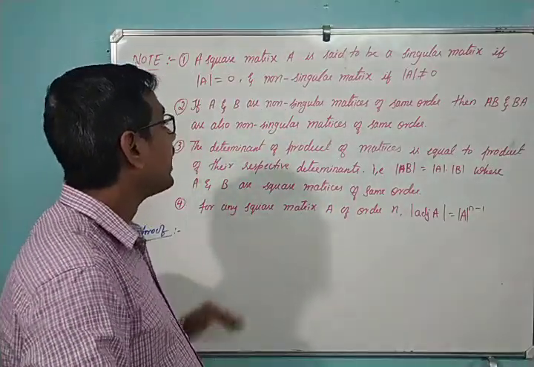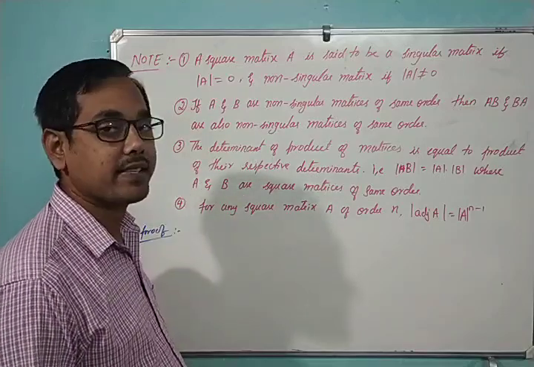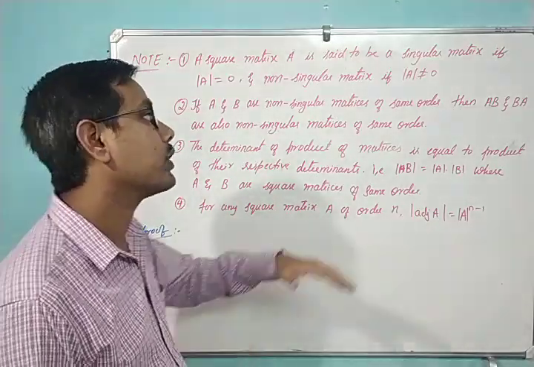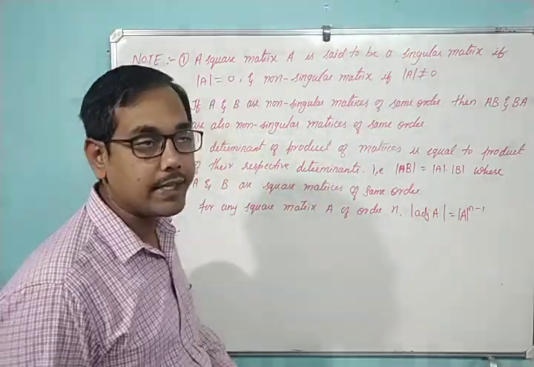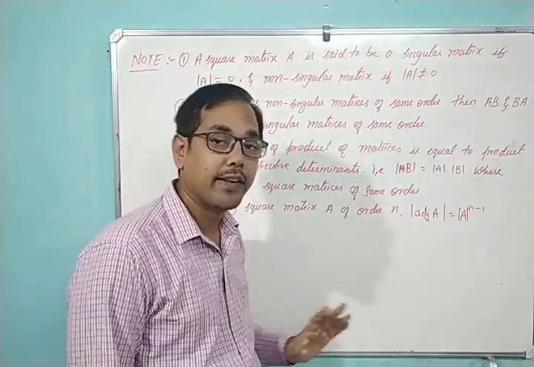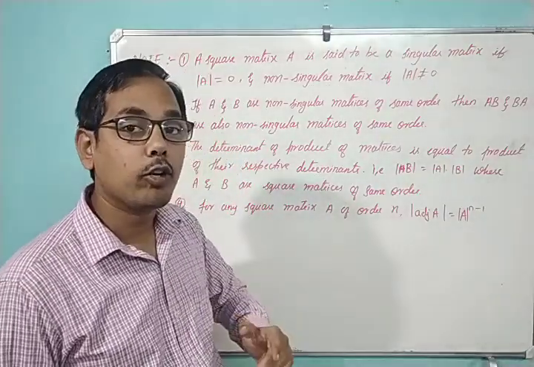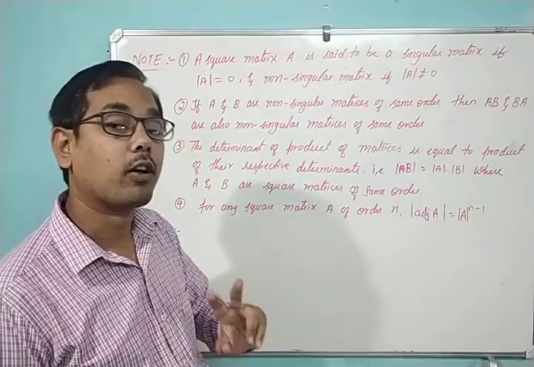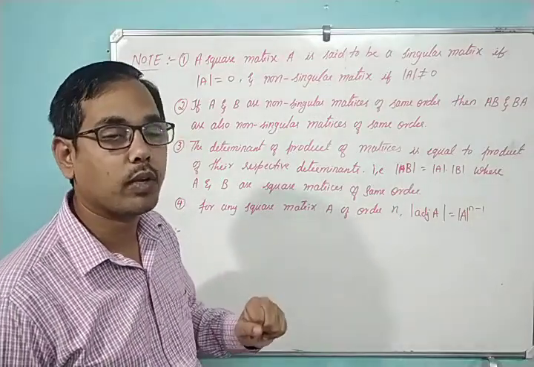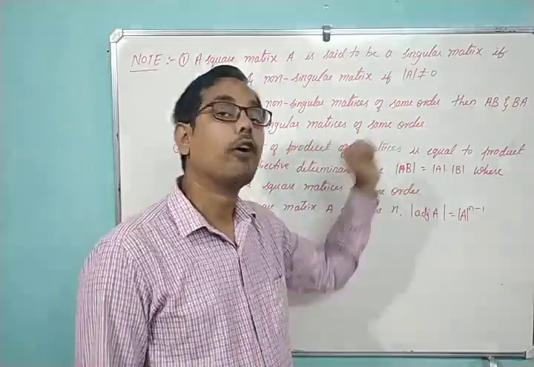Second one: if A and B are non-singular matrices. So what are non-singular matrices? Those whose determinants are not equal to 0. If A and B are non-singular matrices, then A into B and B into A are also non-singular matrices. And one more thing, they should be of the same order.